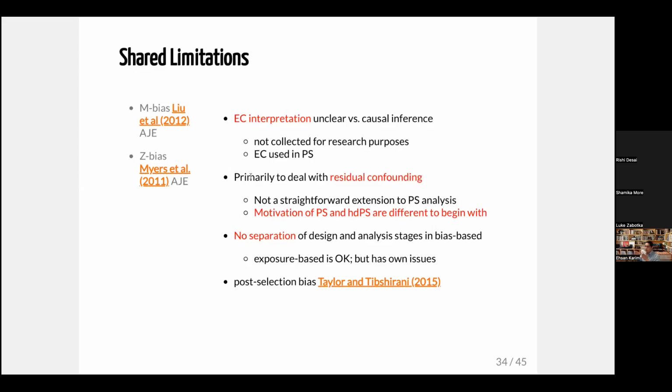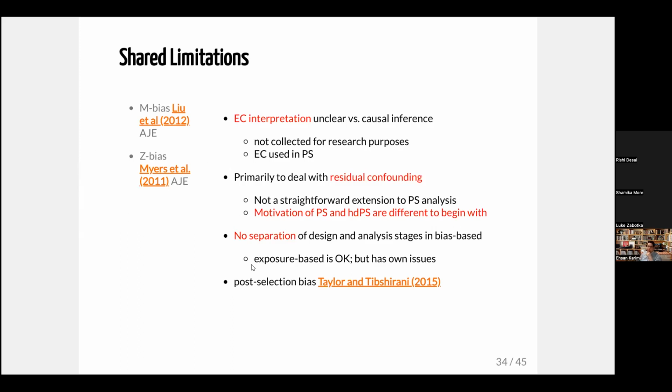But the propensity score algorithm requires that all variables are measured. For high dimensional propensity score or the machine learning alternatives, we begin with the assumption that there is some unmeasured confounding going on, and residual confounding adjustment is the main purpose. So to begin with, the aims are slightly different, and I generally do not think that those are equivalent, to be honest.